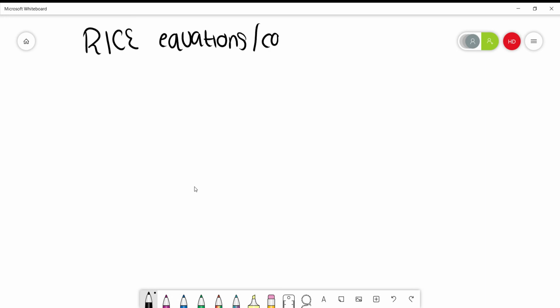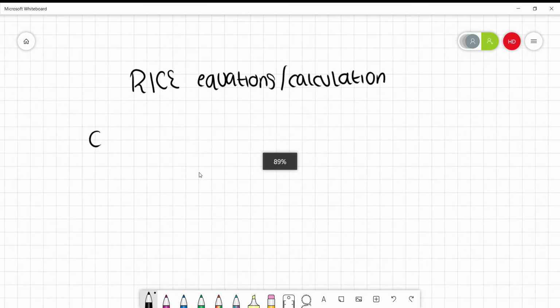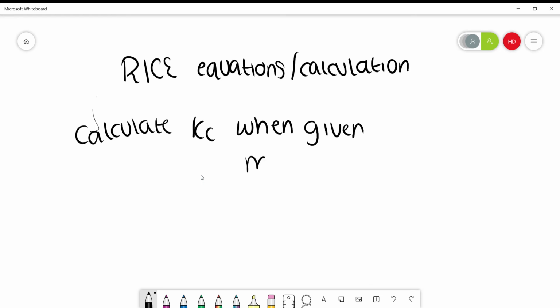This is the way to calculate Kc when given moles initially in the mixture.